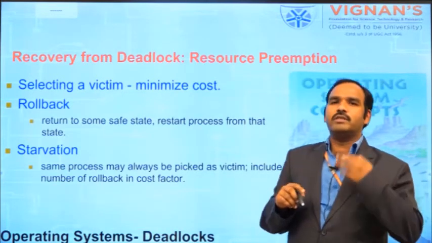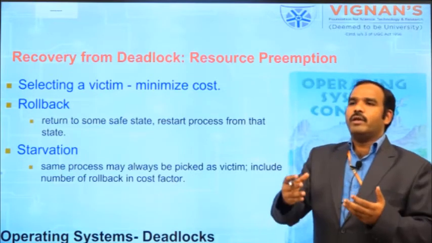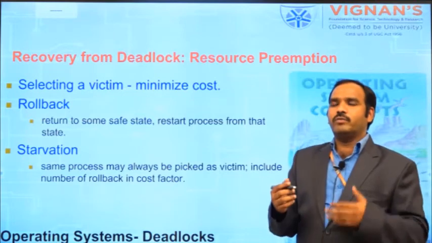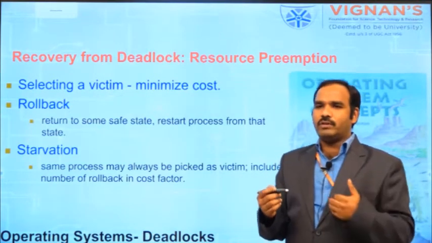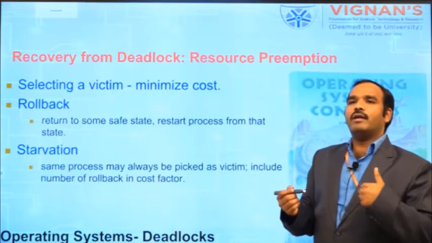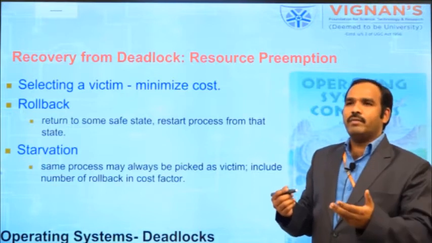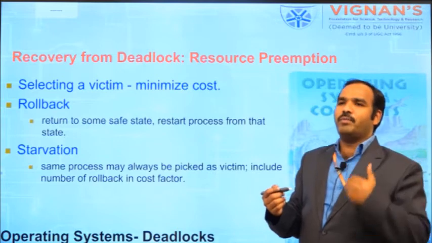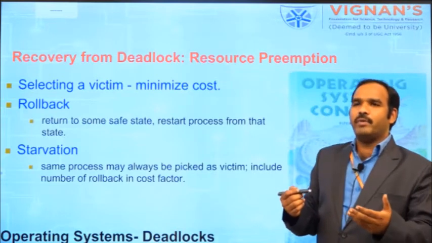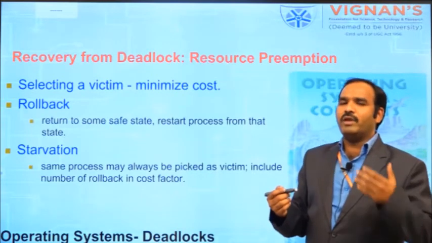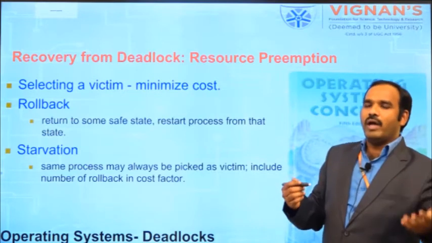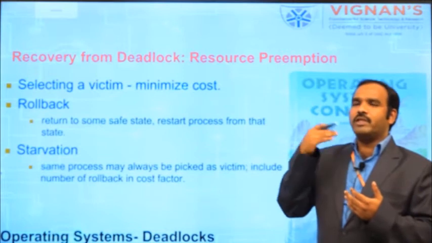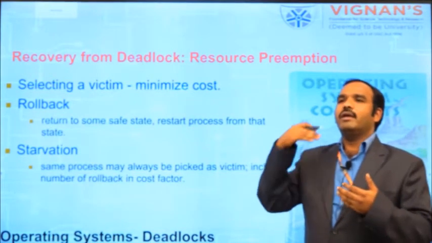Suppose a process is printing information on the printer. If we take the resources from that process, it cannot continue the printing. Because we removed the printer from that process and allocate it to another process, the previous process cannot complete its execution.